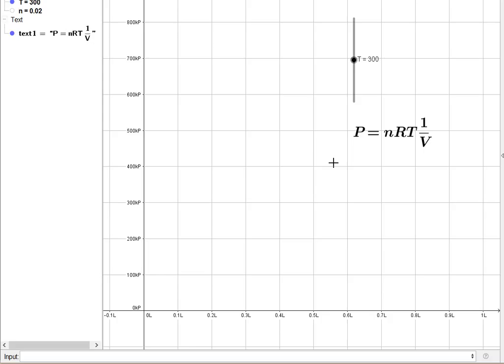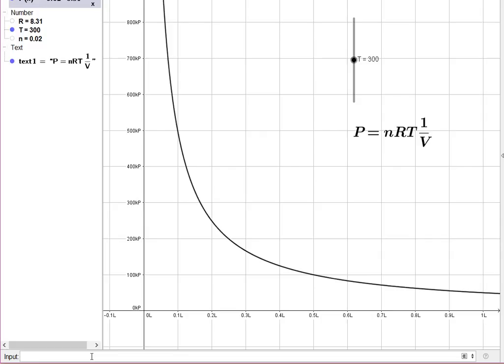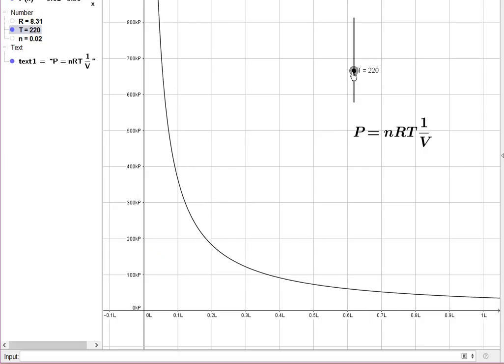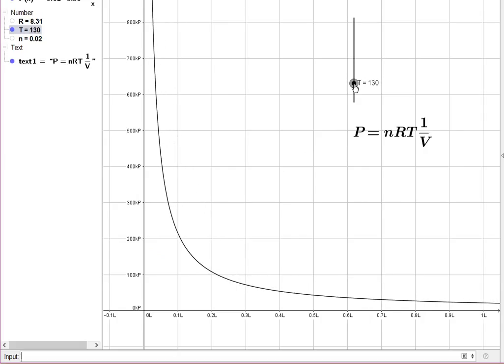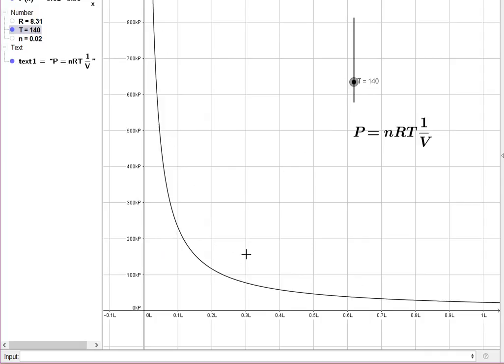Now let's see if we can draw a graph of pressure volume for the ideal gas law. So we would have P equal to NRT over V. Because of this software, I'm using X instead of V, but there's something that looks like the graph, and you can see that we can adjust the temperature. Now all of the temperatures are constant here, so this would be a temperature of 140 Kelvin.